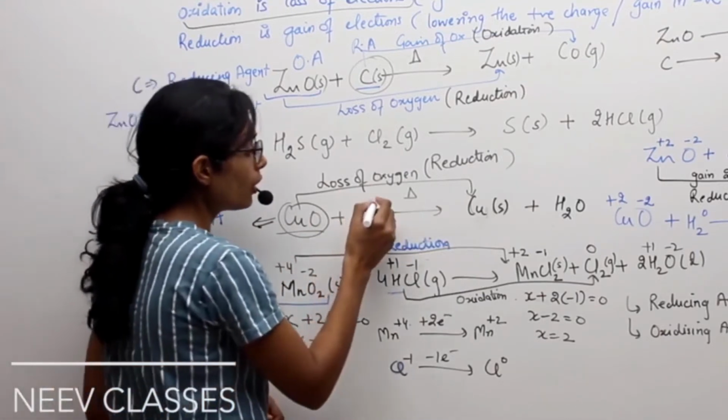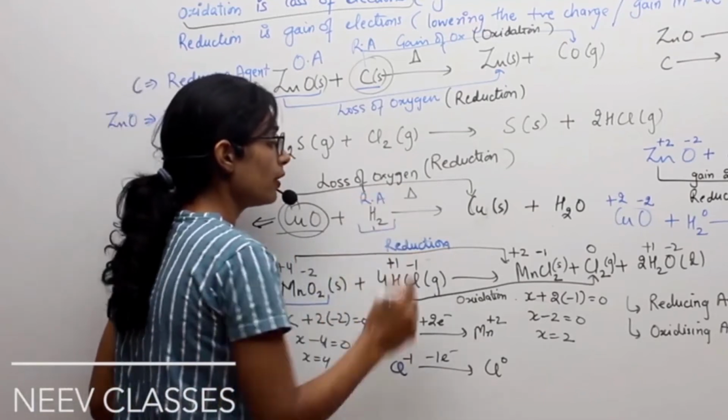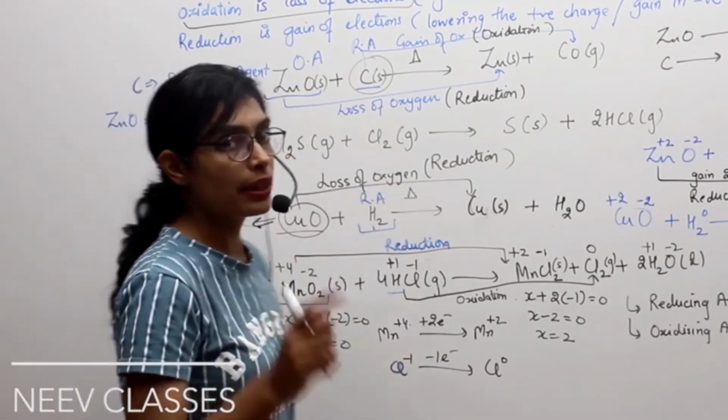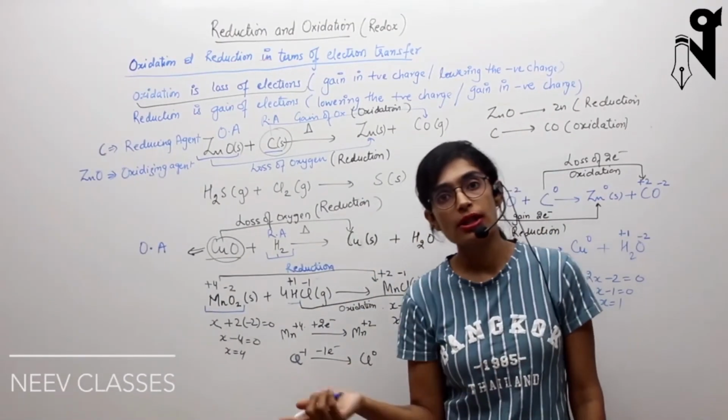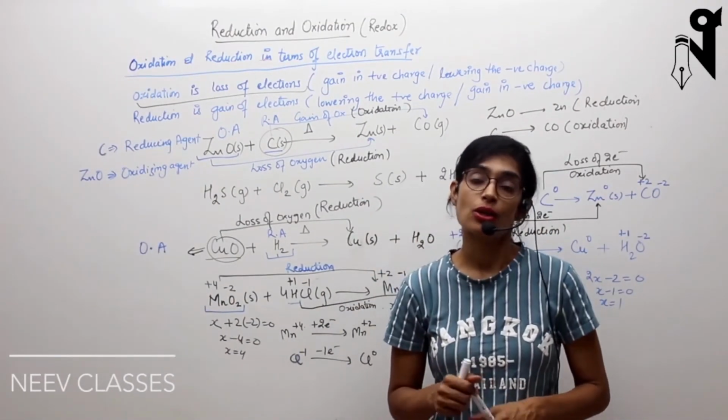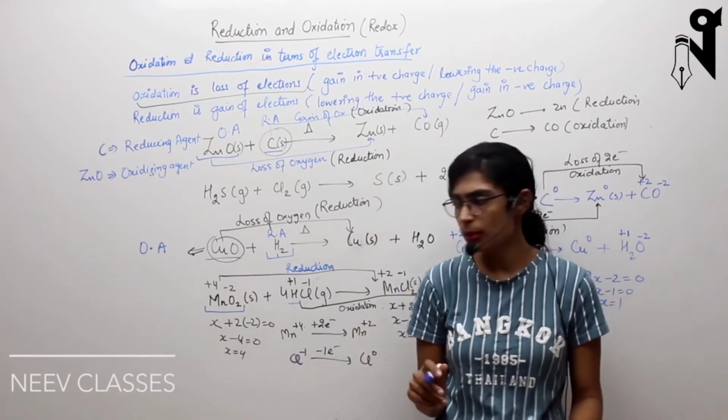So this is your reducing agent. Wherever oxidation is happening, those reactants will be considered reducing agents. Wherever reduction is happening, those reactants will be considered oxidizing agents. That's how you have to remember it.